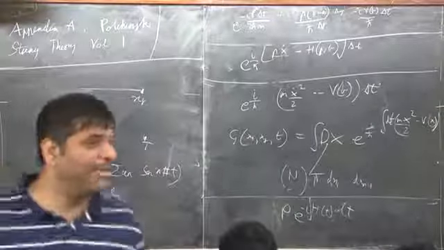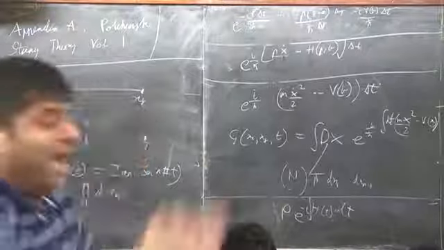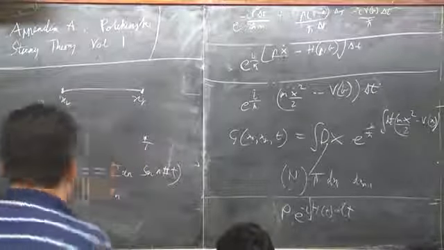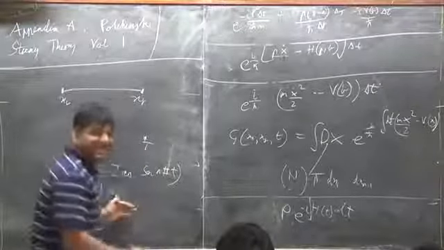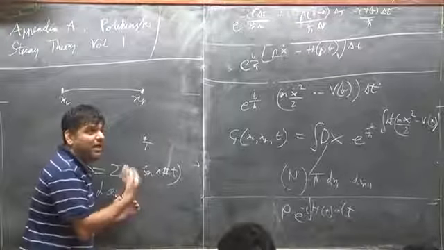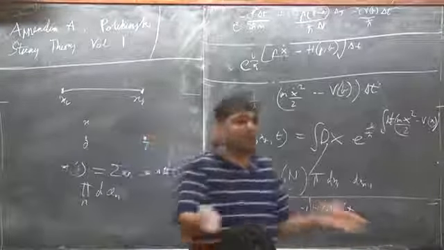And now, because I've ignored the normalization, it's no longer true that the path integral that I started with is exactly what I wanted to compute.